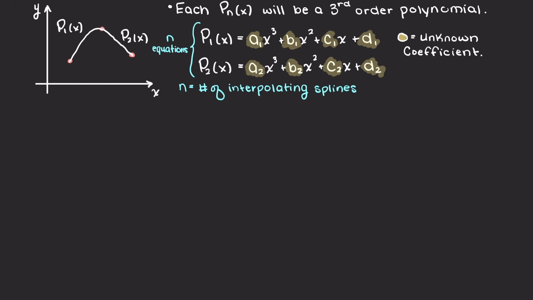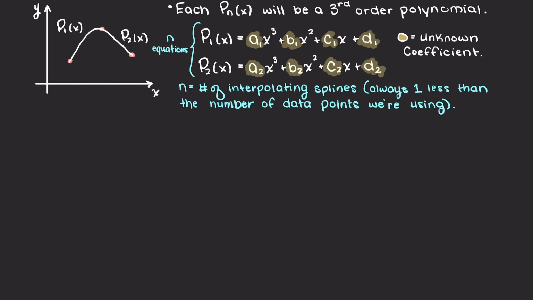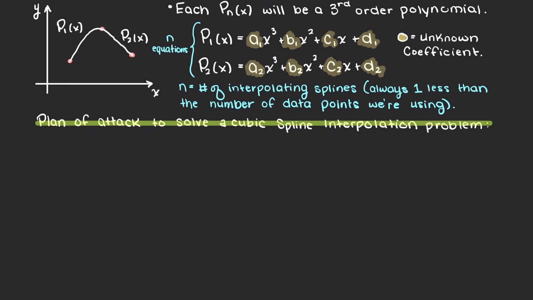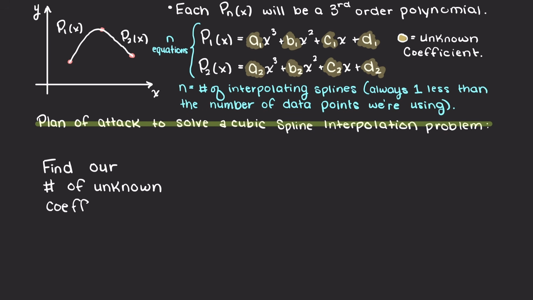Now all we need to do is develop a methodology for how we are going to solve for all of these unknowns. The first thing we need to do is determine how many unknowns we actually need to solve for. As you can probably imagine, the number of unknowns depends on the number of cubic splines that we are interpolating for.